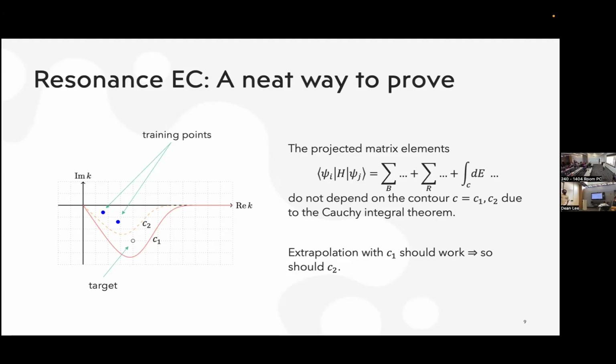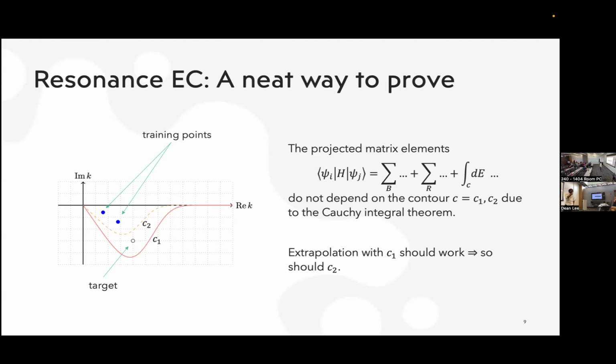Yes, so you are focusing on physical states, right? You're focusing on the physical resonance state or bound state. But what about the other states? Because the other states really tell you effectively where the branch cut is. Do you know what kind of other states you mean? The other states, right? The spectrum is not just those resonance states or bound states. You have a bunch of discretized states. Yeah, you will get some discretized states along this contour that you chose. They tell you what the branch cut is.